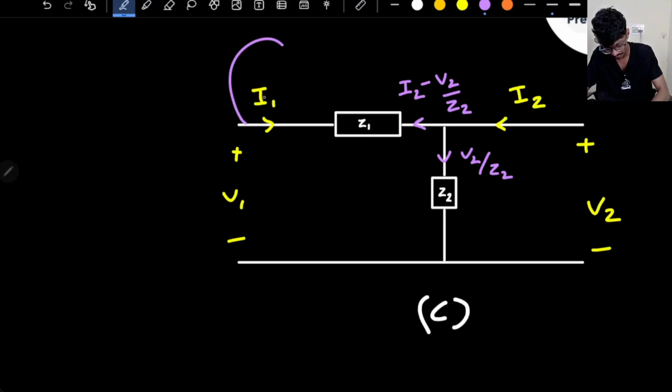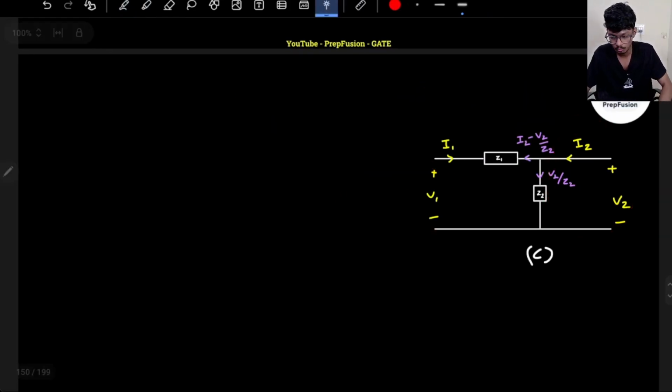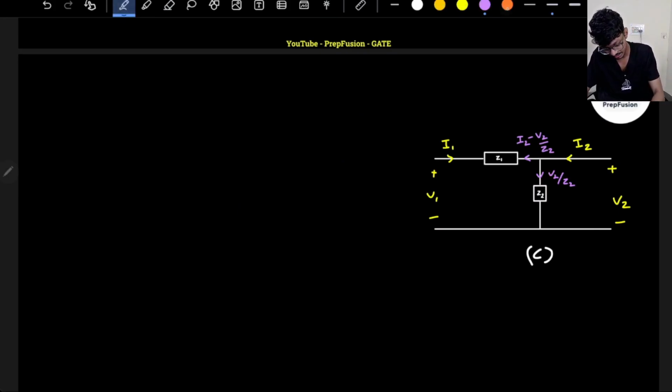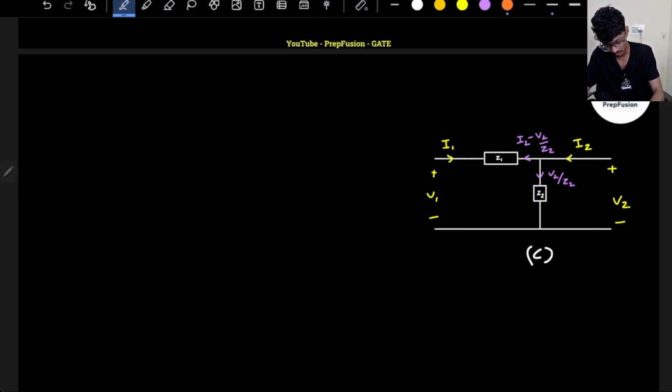I don't want to write in terms of I1 because I have to write V1 in terms of the output parameters. So if I apply a KVL in this loop, or you can apply it in the other loop, whatever is suitable, it's the same thing.